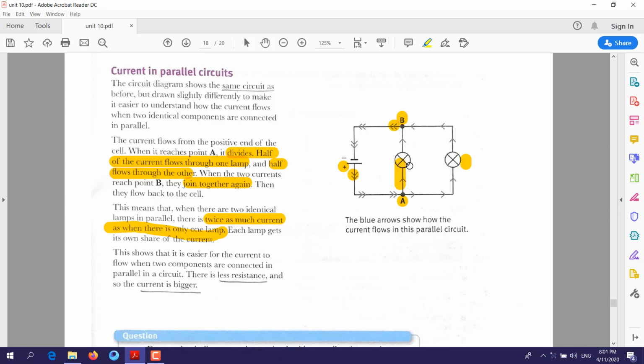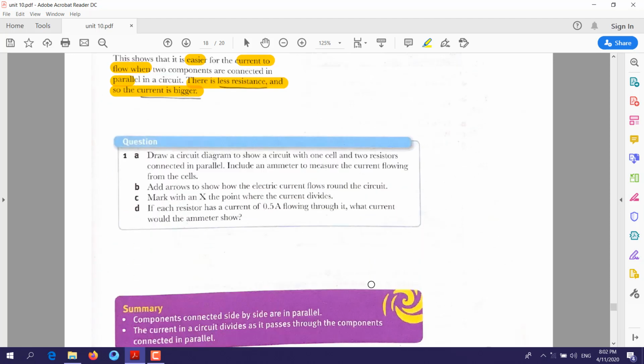So this shows that it is easier for the current to flow when two components are connected in parallel. Why? Because there is less resistance and so the current is bigger.